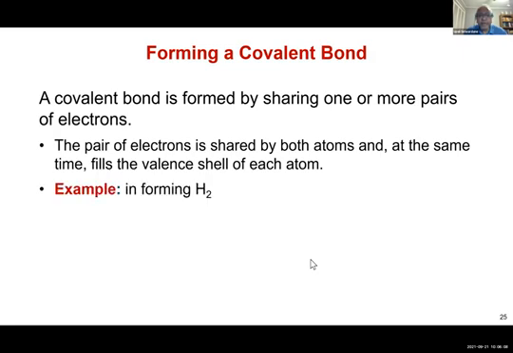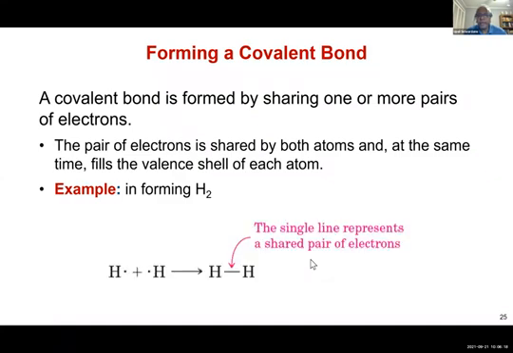For example, if you look at hydrogen, which is a non-metal, it is a diatomic molecule. Two electrons are shared between two hydrogen atoms.